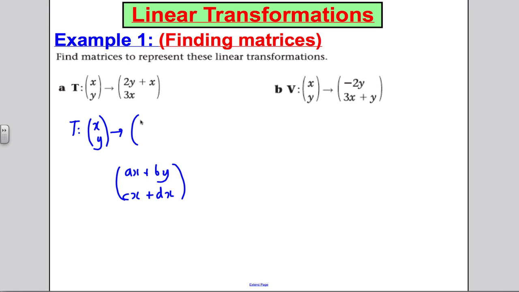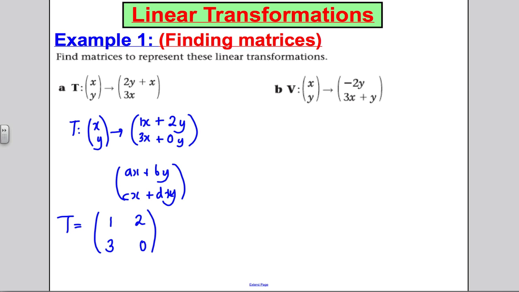So it's 1x plus 2y on top, and it's 3x plus 0y on bottom. Now it's in the form ax plus by, cx plus dy. So the matrix that represents this is therefore the matrix 1, 2, 3, 0.